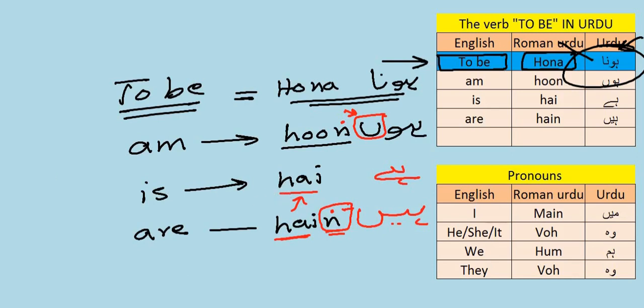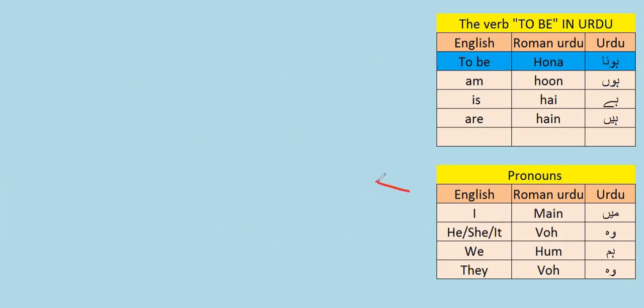Now let's use these words in some sentences, but you can see here the table of pronouns. Pronouns are those words which we use instead of a noun. These are the main pronouns we usually use in our conversation.